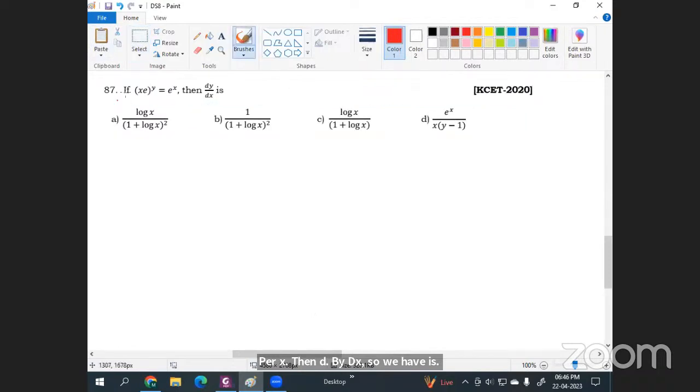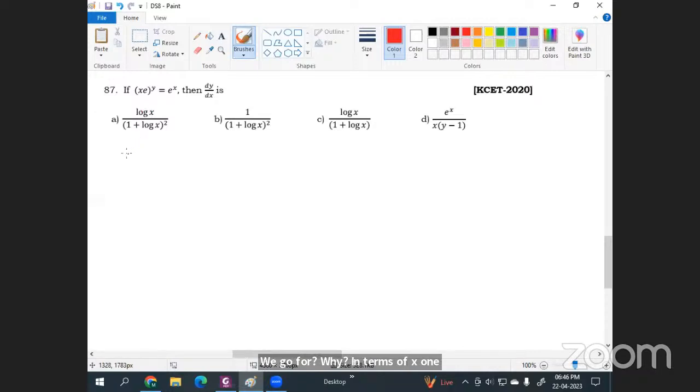Now, when you go for this one, first the answer is given in terms of x except the last one. Correct? Except the last one. So what we need to do is, first take the log on both sides and get x in terms of y or y in terms of x. Better we go for y in terms of x.